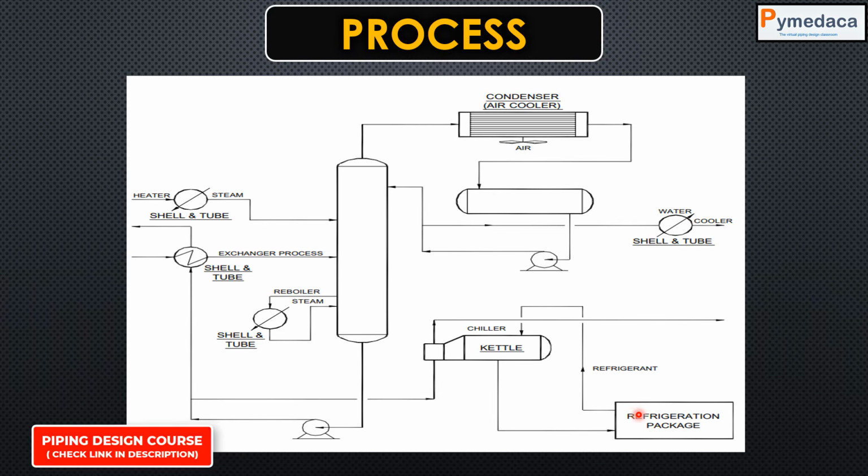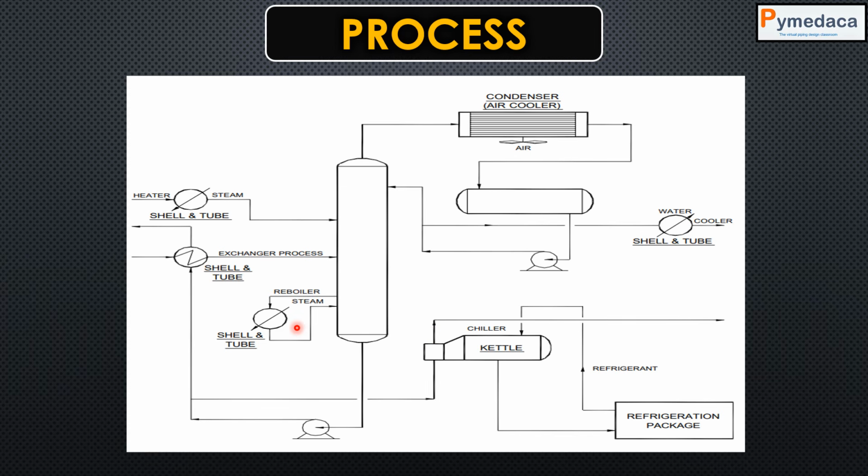The refrigerant helps you to transfer coolness, being low in temperature. So if it goes to the heat exchanger, the other fluid, which is at a high temperature, gets cooled down. Basically this kettle exchanger helps you in transferring the coolness from the refrigerant to the other fluid which is at the high temperature.